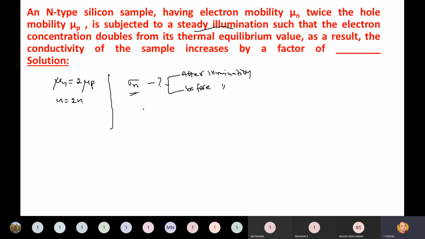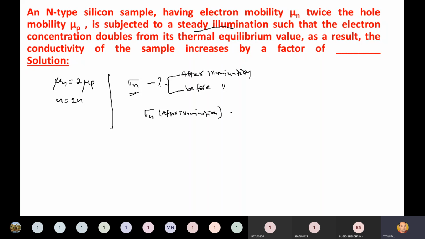How to do this? Answer? What is sigma n after illumination?